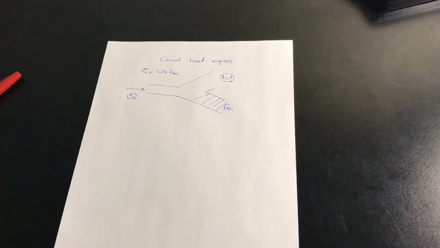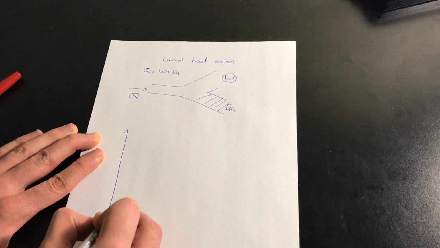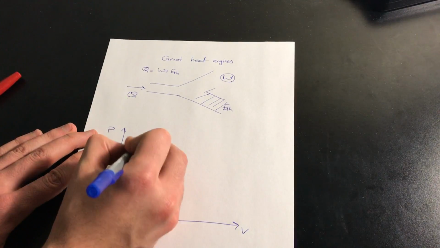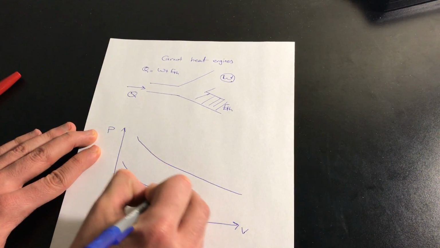For this reason, it can be seen that we need to use another isothermal process to go back to where we started. This can be demonstrated on this PV diagram right here. These lines right here are constant temperature lines.